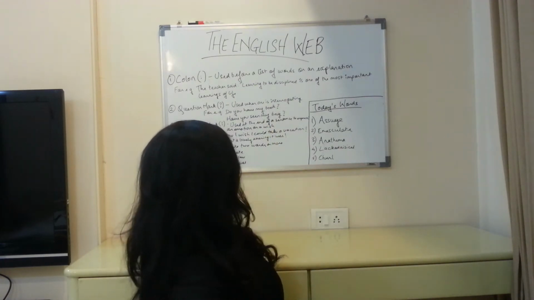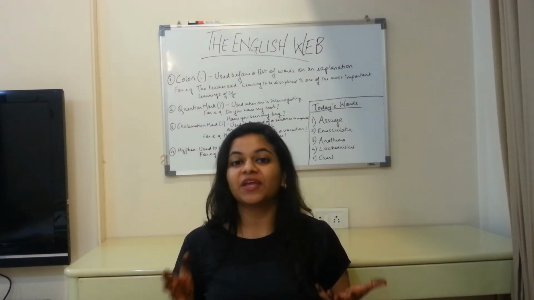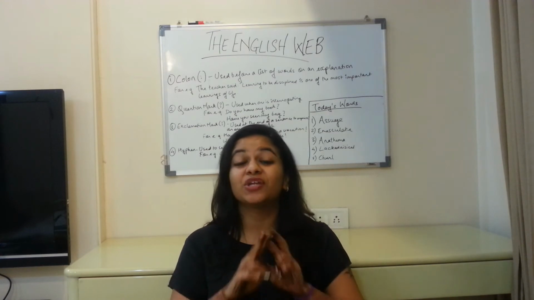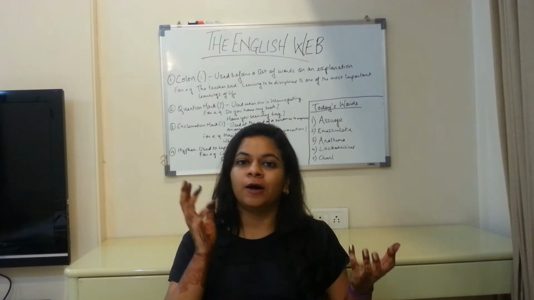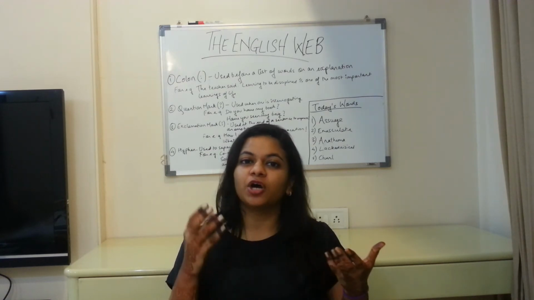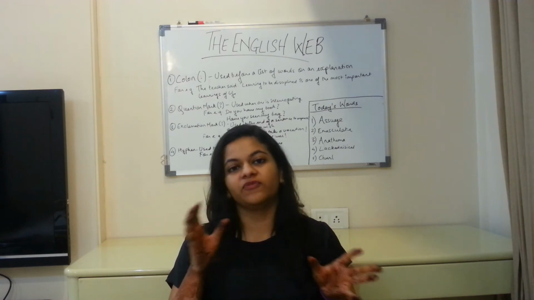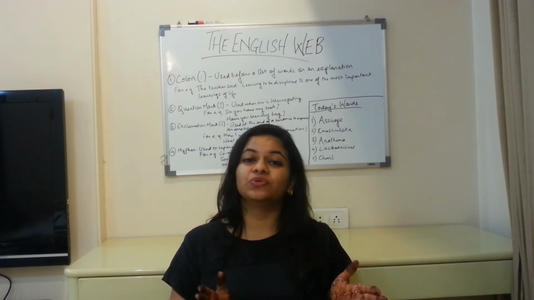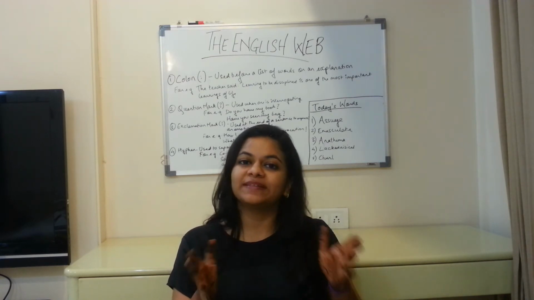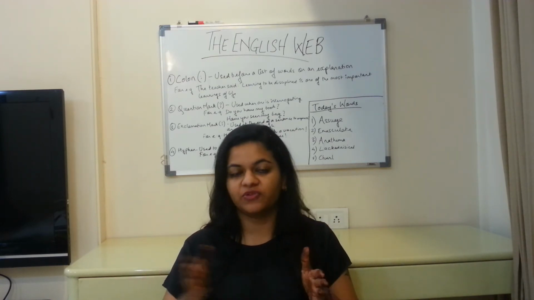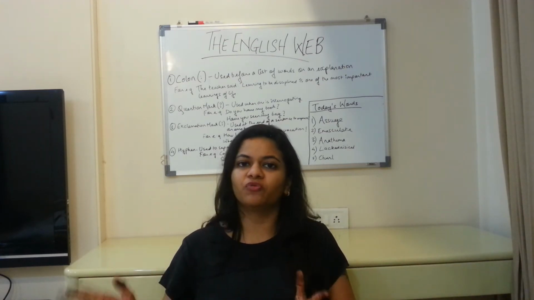Now the other one is the hyphen. Most of the people get confused between a hyphen and a dash. They are two different things. A hyphen is used to separate two words to avoid ambiguity or confusion, and a dash is used in a parenthetical element. You can replace a dash with a bracket in most cases; a dash is more informal whereas a bracket is more formal.